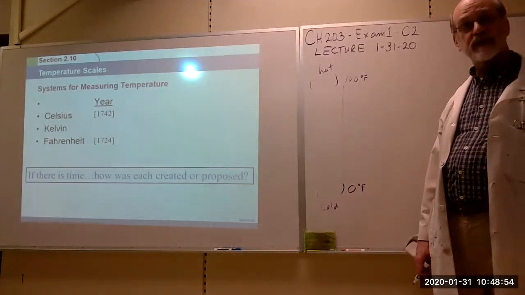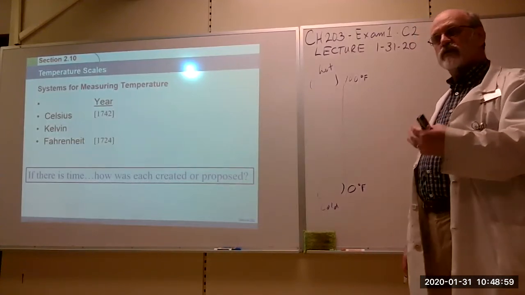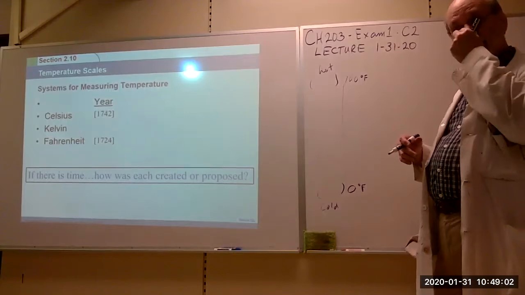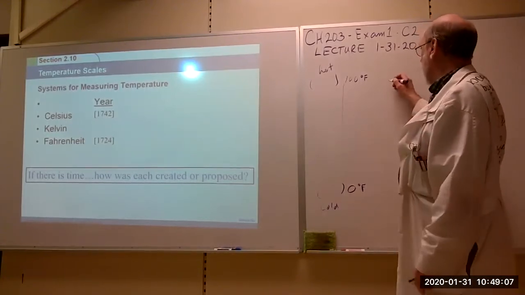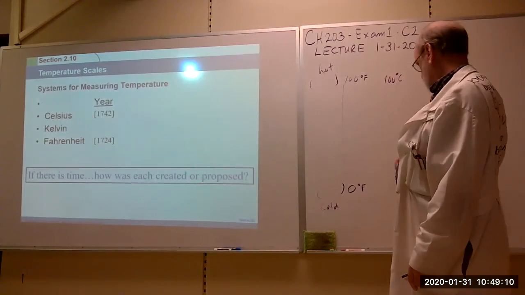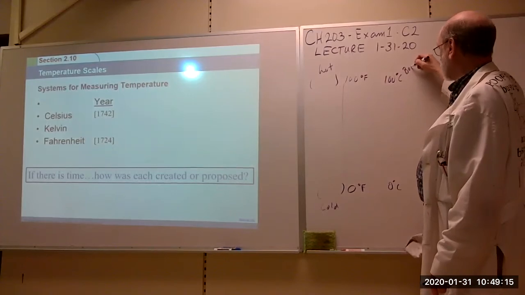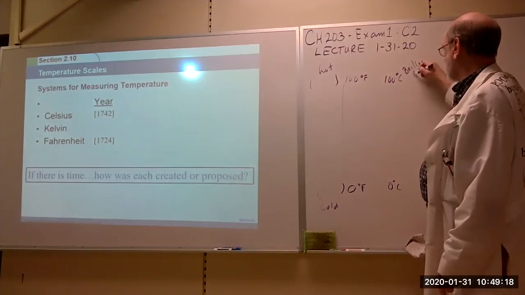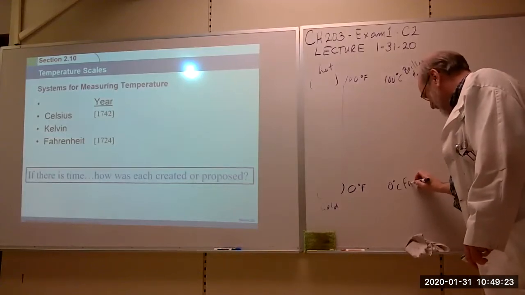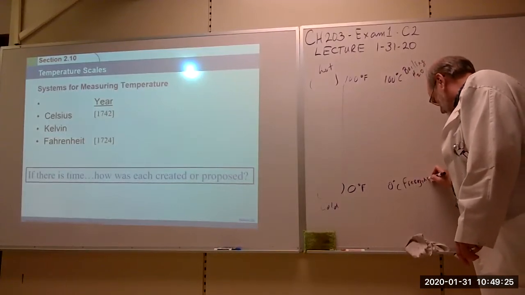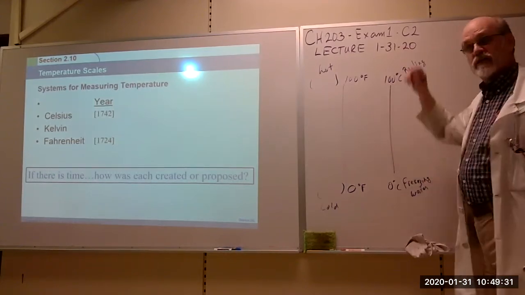We're going to take physical phases of water and use the temperature at which those things occur as our standard. So for Celsius, the hot one, 100 degrees, had to do with boiling water. You'd never guess what 0 degrees is. Freezing water. And then subdivide those into 100.